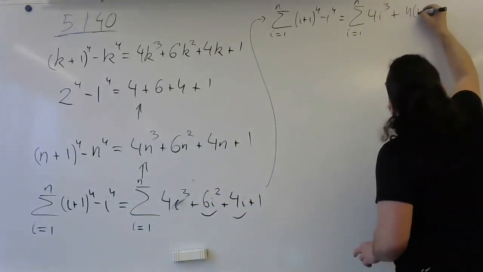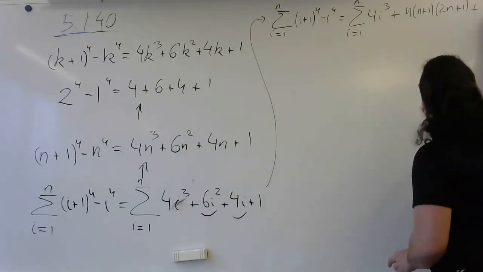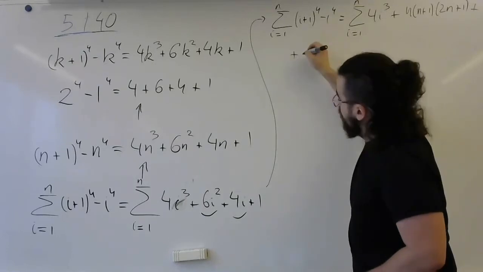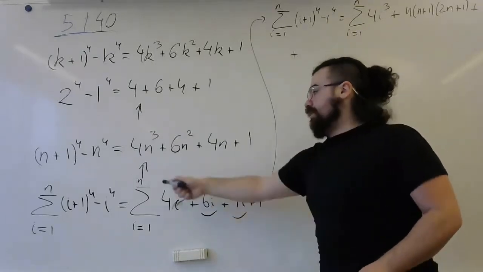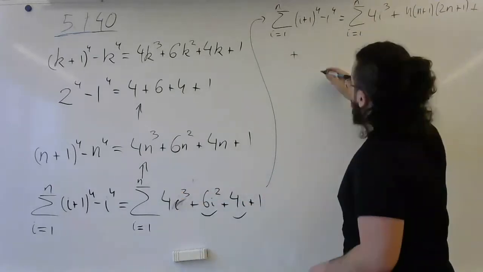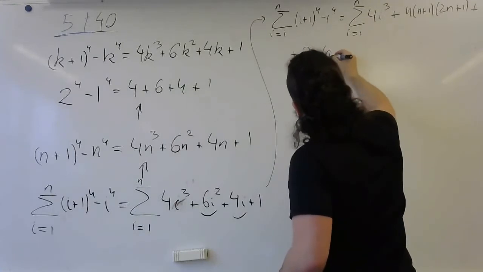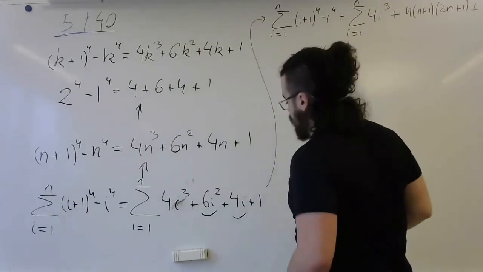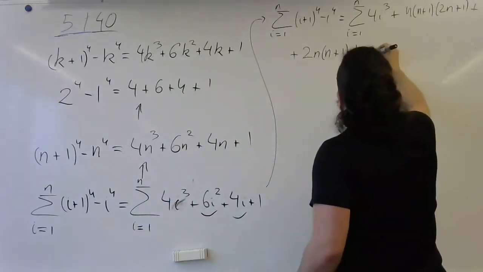So this is n plus 1, 2n plus 1, plus 4 times the sum of the first n natural integers. That's n plus 1 over 2, times n, plus n.